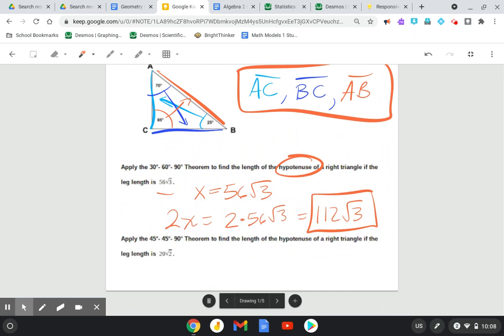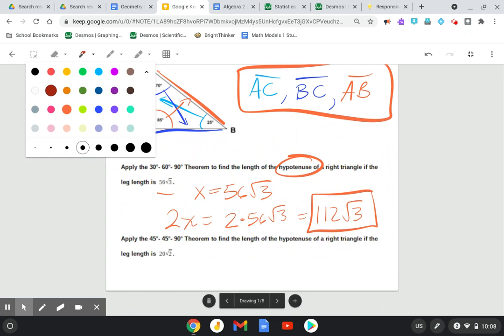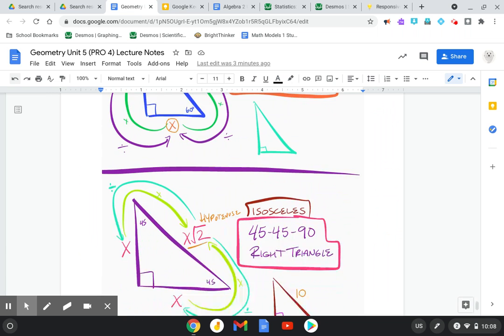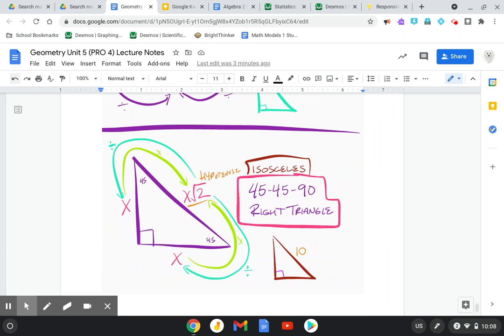45, 45, 90. Find the length of the hypotenuse if the leg length is 20 square roots of 2. So x equals 20 square roots of 2. We go look at our 45, 45, 90, and it tells me that I'm going to want to multiply by the square root of 2.